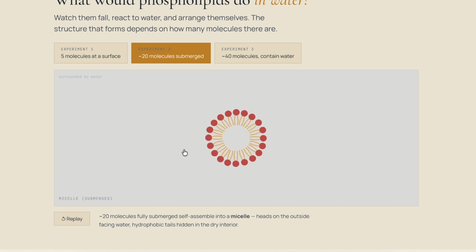All the hydrophobic tails are coming into the middle. You wouldn't have water inside it, but all of the hydrophobic tails are coming into the middle, and the hydrophilic heads are on the outside. They're not attracted to each other, apart from the normal London dispersion forces, which are those weak attractions between any molecule, but they're arranging themselves like this because of the hydrophobic and hydrophilic properties.